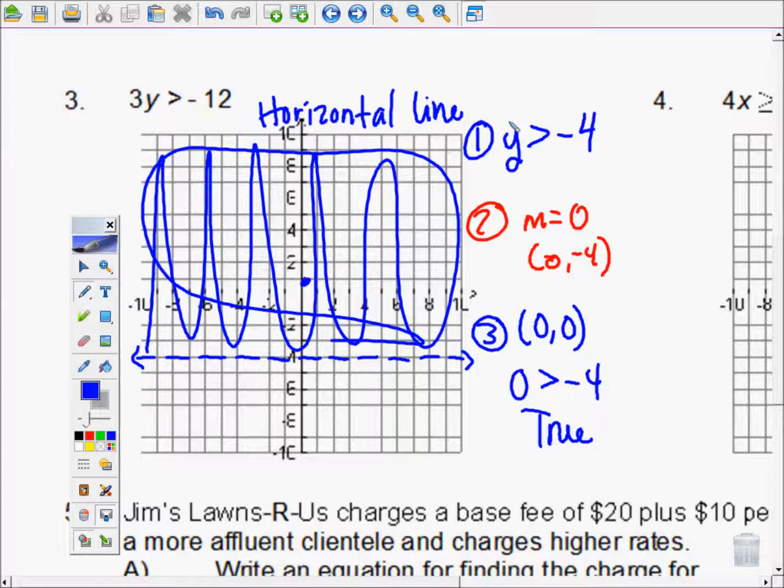Just in case you cannot think that way, choose a test point. So we chose 0, 0. When we plugged it into this function, we got 0 is greater than -4. Is it a true statement or a false statement? It's a true statement. Because that's a true statement, this is the area where all true statements lie. So you want to shade the area where all of the true statements lie.